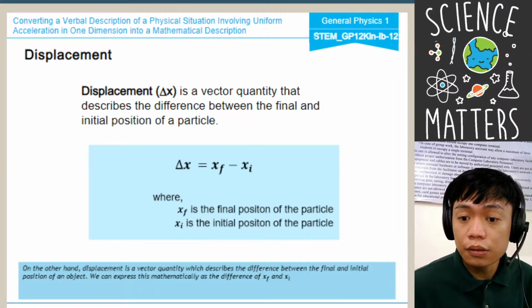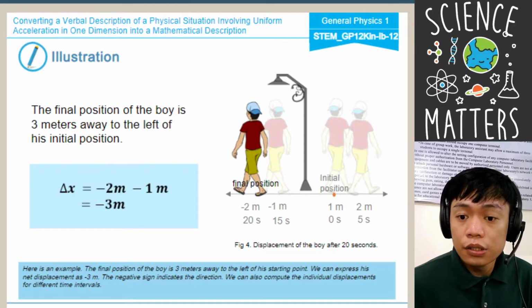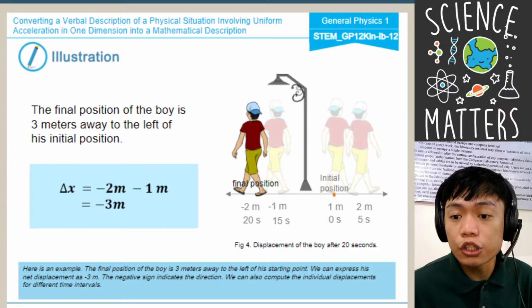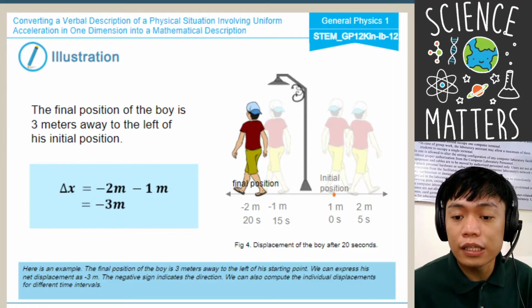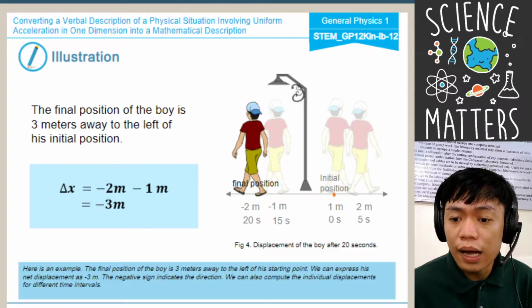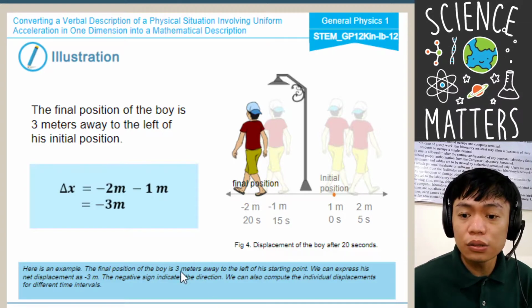Okay? So, let's proceed. In this illustration, the final position of the boy is 3 meters away to the left of his initial position. So, how did we get that? Okay?